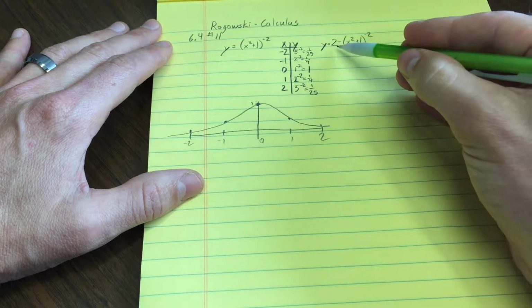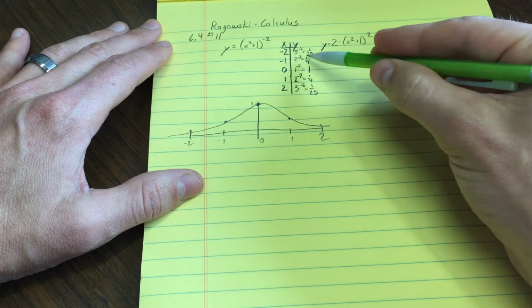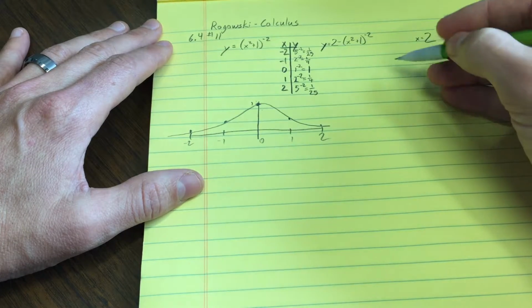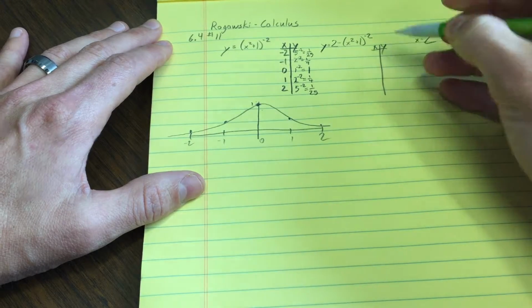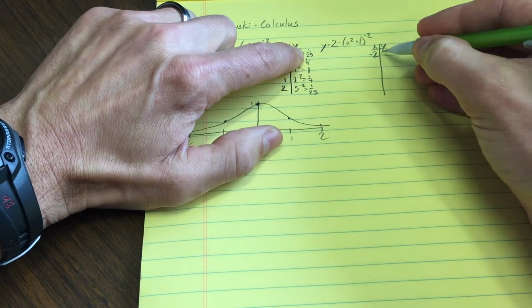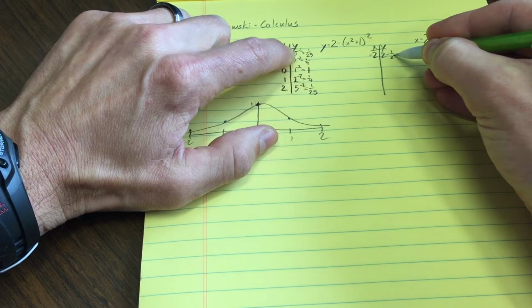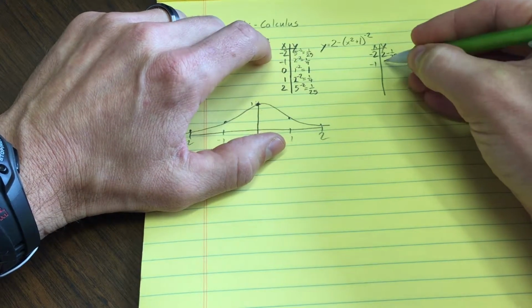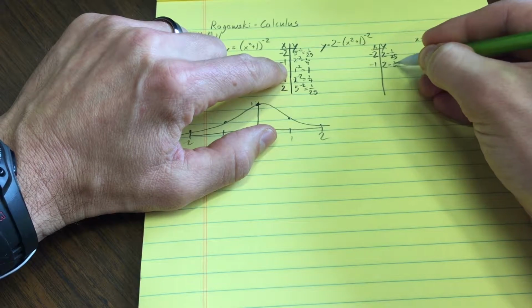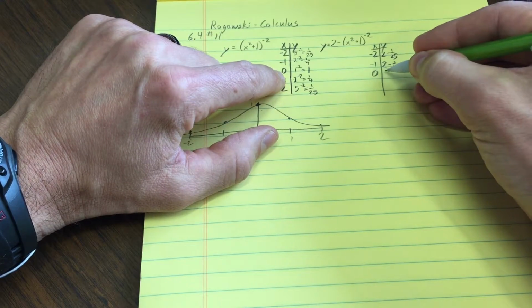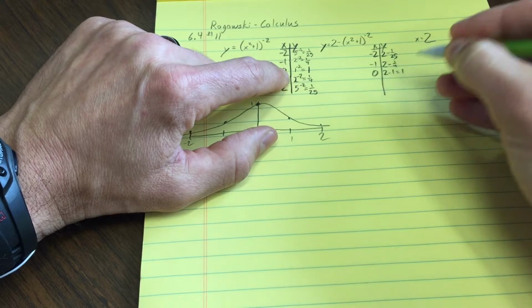Okay? And then what about this one? Well, notice this is 2 minus exactly the same thing. So if you were going to do a set of values again, you'd put in negative 2. It's 2 minus a 25th. Negative 1 is 2 minus 1/4. 0 is 2 minus 1, or 1.